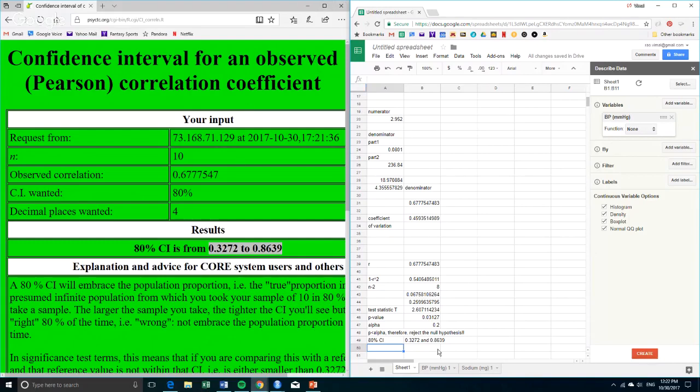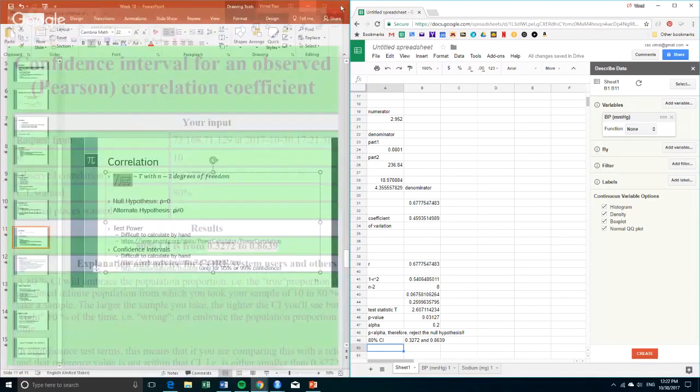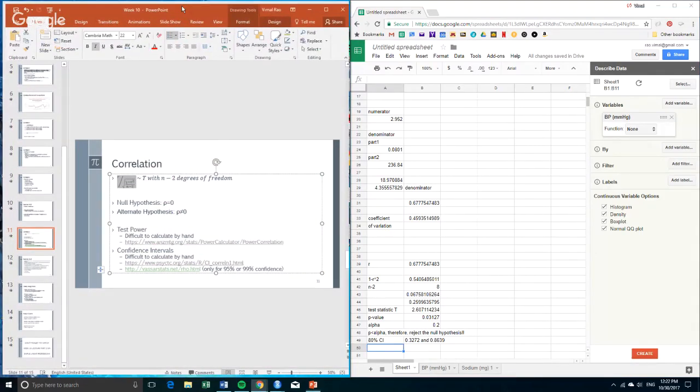Okay? And this confidence interval works the same way that all the other confidence intervals do. Again, use these websites for power and confidence intervals. Power and confidence intervals are very, very important. It's just unfortunate that it's difficult to calculate by hand, but luckily there are these websites that we can use that simplify the process for us.